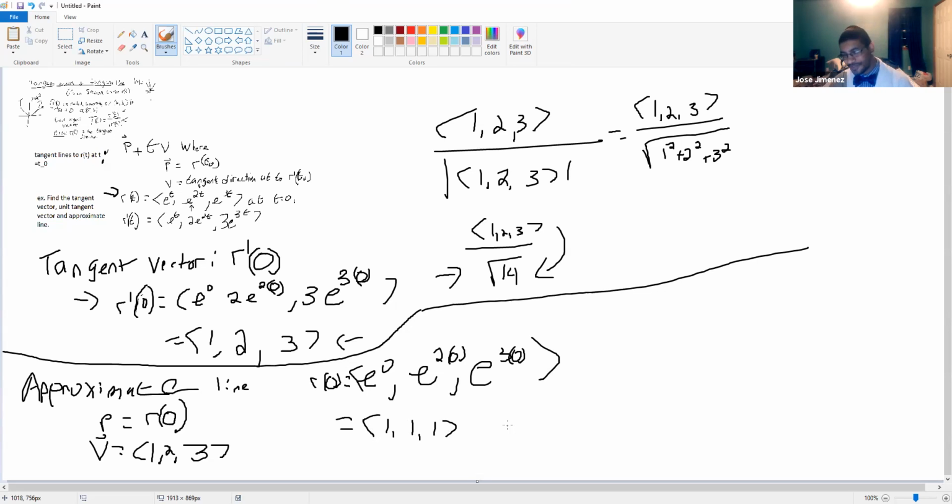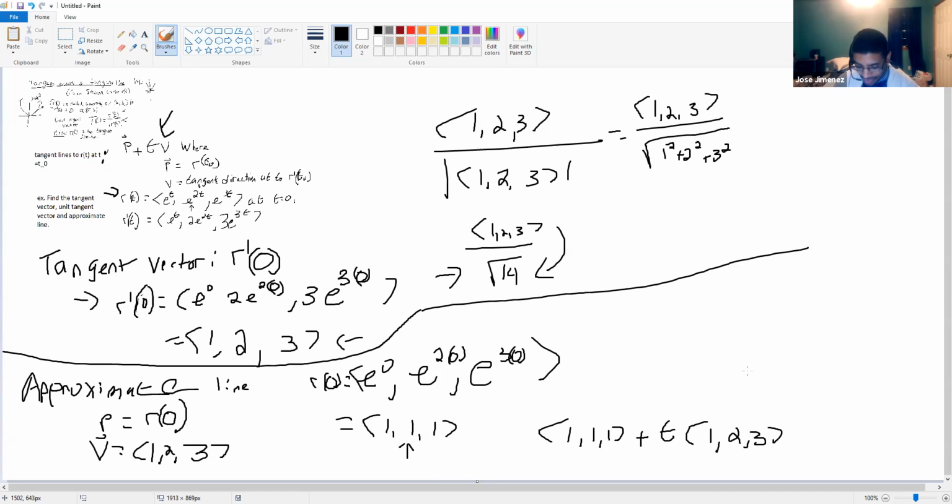And now, to finish it off, this is the amazing part. The point we're going to use is the point that we just found, because that's the point that we want. So that's going to end up being 1, comma 1, comma 1 plus t times our vector.